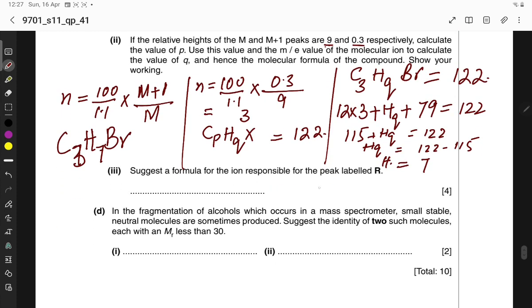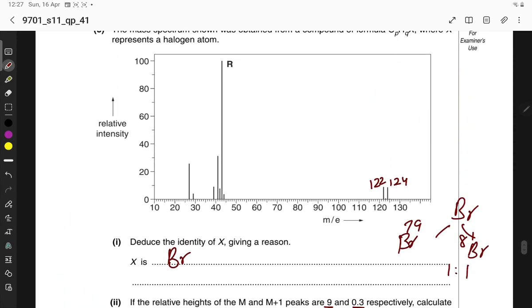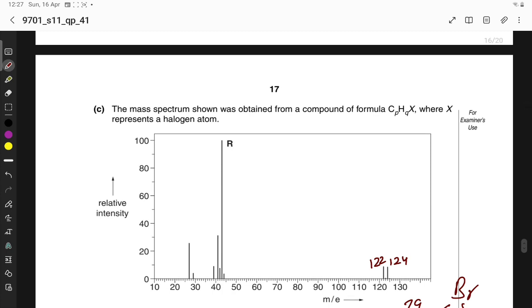Suggest a formula for the ion responsible for the peak labeled R. Now this is the peak R, and we identify the mass over charge ratio: 41, 42 and 43. This is at 43.